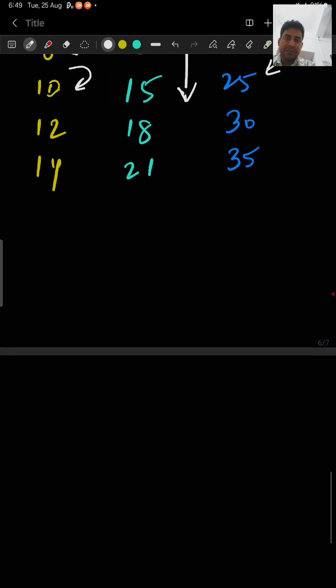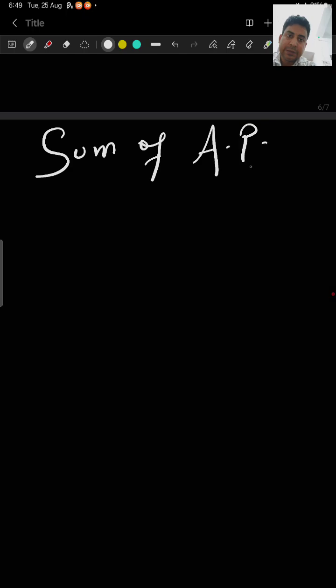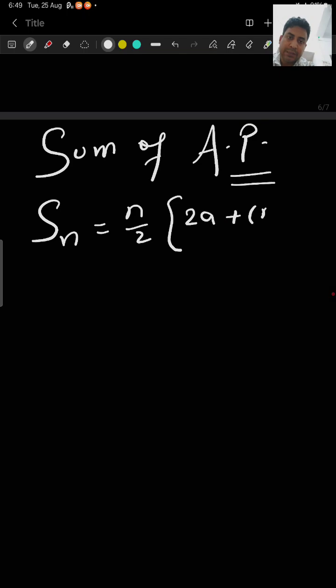Now we are going to see the sum of AP. The formula for the sum of AP is n by 2 into 2a plus n minus 1 into d.